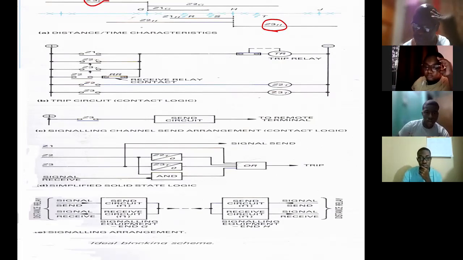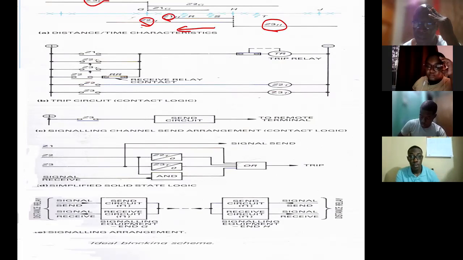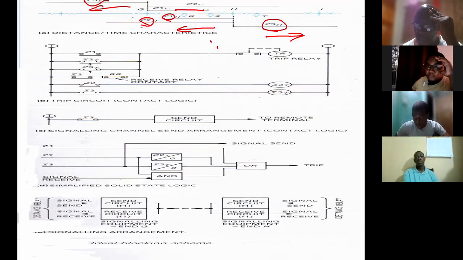So from end H, you have the zone 1H, you have the zone 2H, they're all looking in that direction towards end G. However, at end H, zone 3 is looking towards J. At the top, at G, zone 3 is looking in the opposite direction, and zone 1 and zone 2 are looking in that direction.